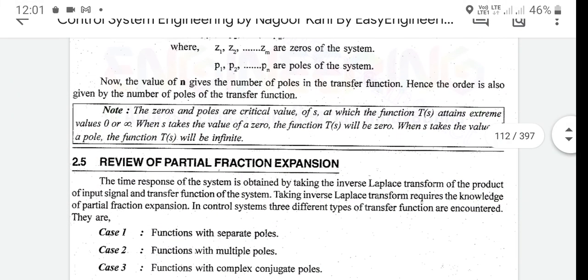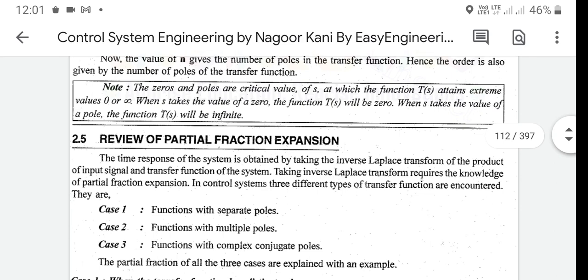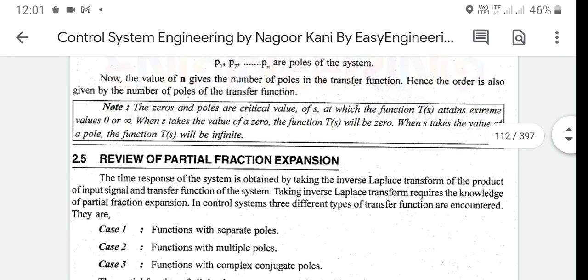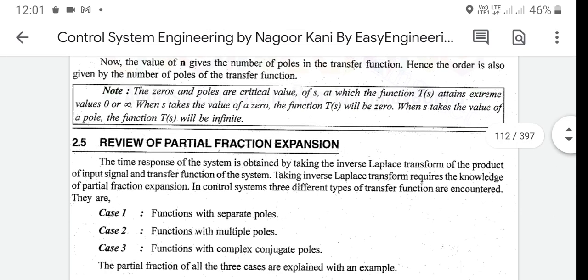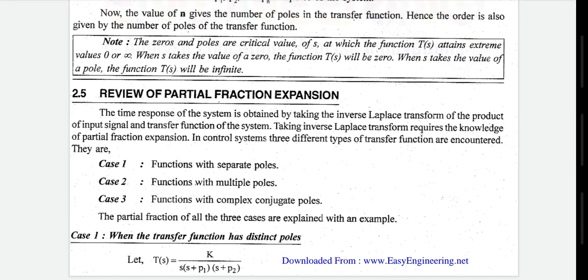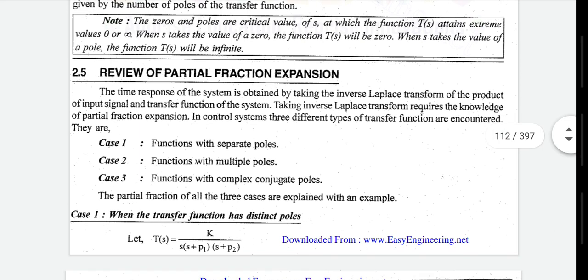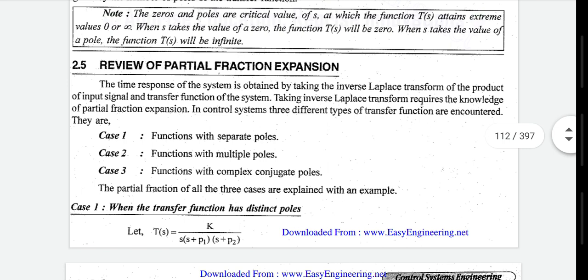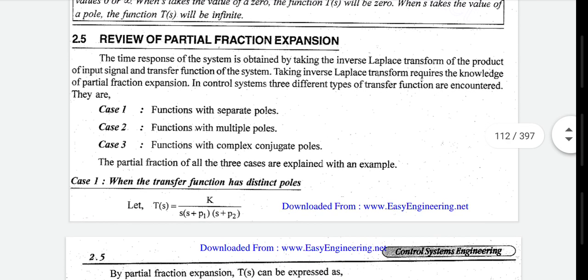See here, the value of n gives the number of poles in the transfer function, so we say it is also the order. So for finding the order of a system, you can directly calculate how many poles are there in the denominator polynomial.